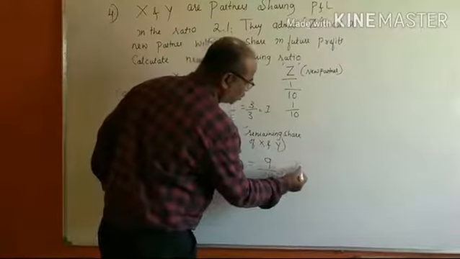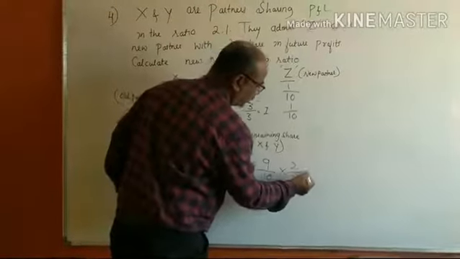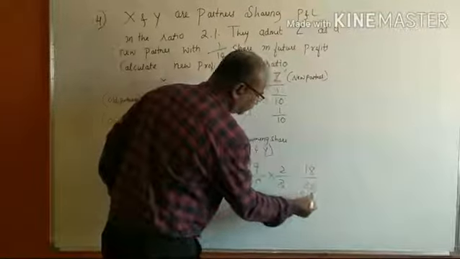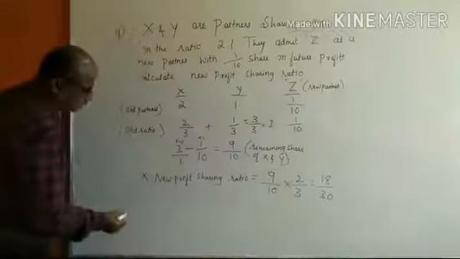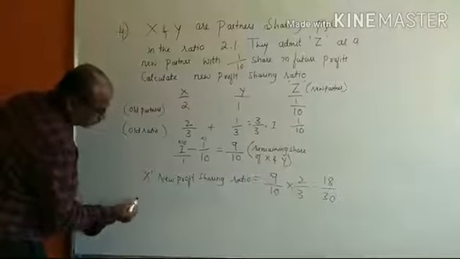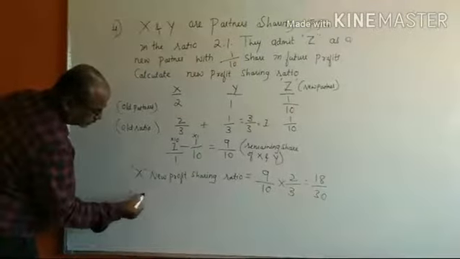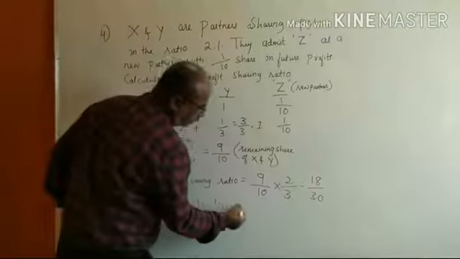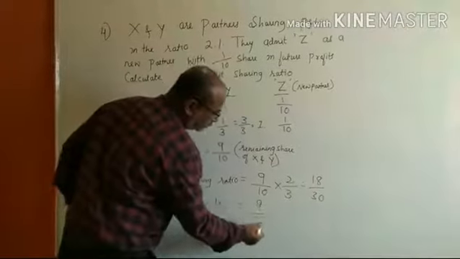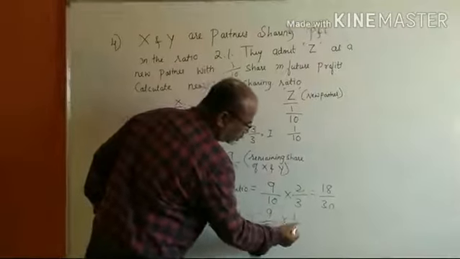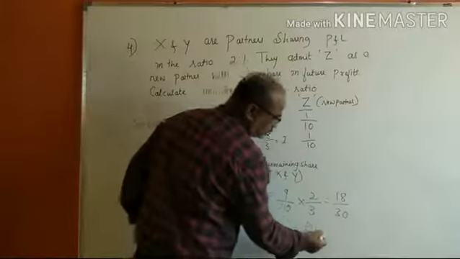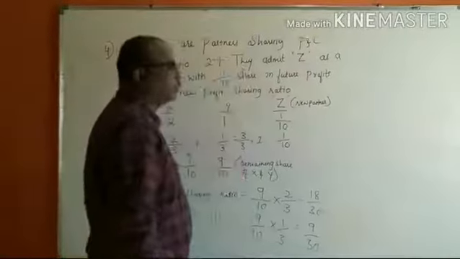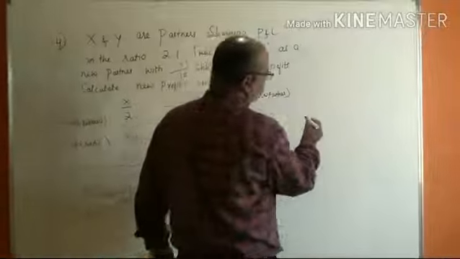Old share is 2/3. So 9 2s are 18, 10 3s are 30. Now let us see the new profit sharing ratio of Y. Remaining share is 9/10 and his old ratio was 1/3, so equal to 9/30.